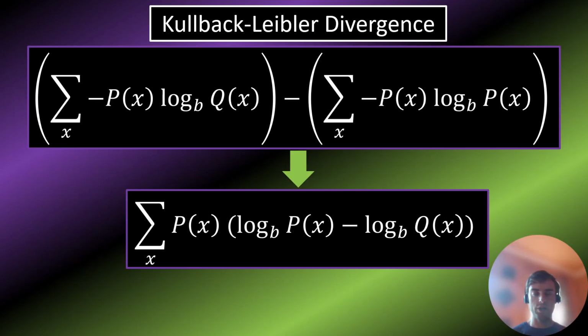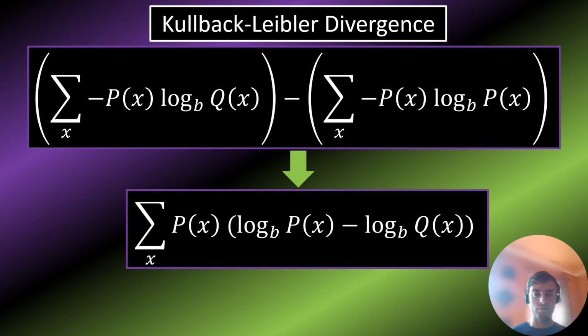And you may have noticed in the previous slide that I used the term extra information. The reason is that we're going to see that cross entropy is always greater than or equal to entropy. It's going to be greater than entropy when q of x is not equal to p of x, and it's going to be equal to entropy when p of x is equal to q of x.